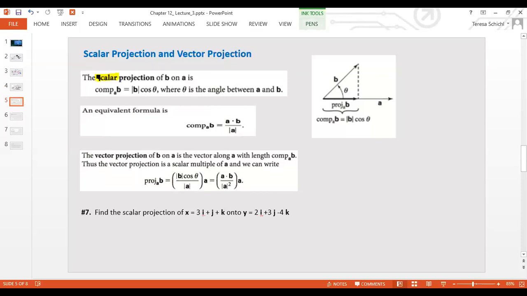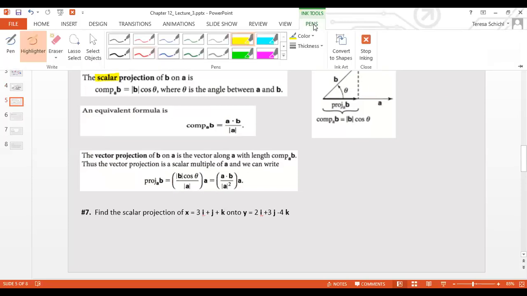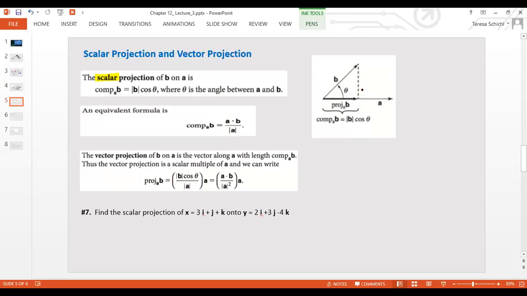You see, this is a scalar projection. What is the scalar projection of B onto A? Imagine you have a sun in here, shining on this B.